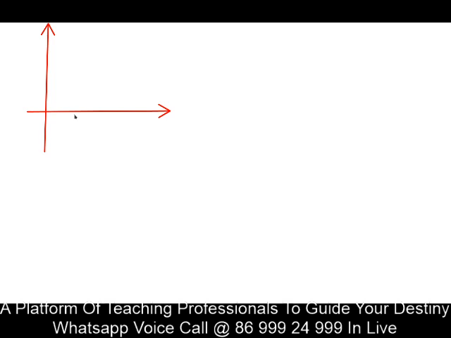X-axis and Y-axis. Now there are two lines here. Let me say the slope of this line as m1 and the slope of this line as m2.